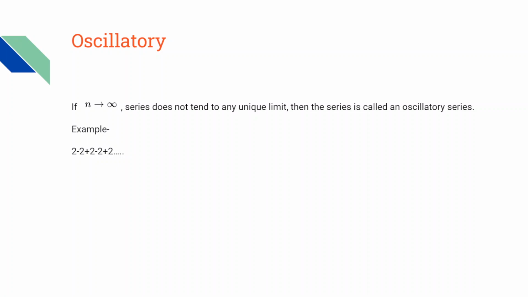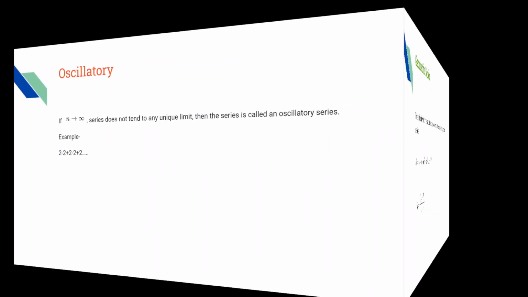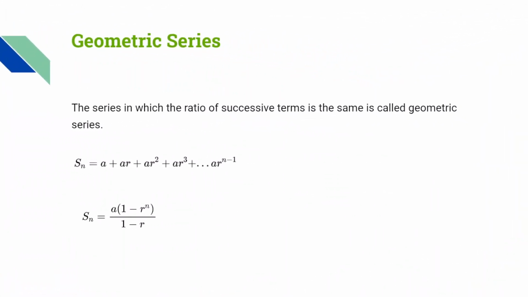Now we'll learn about a very important series, the geometrical progression series, GP series or geometric series. This is the series in which the ratio of successive terms is the same.